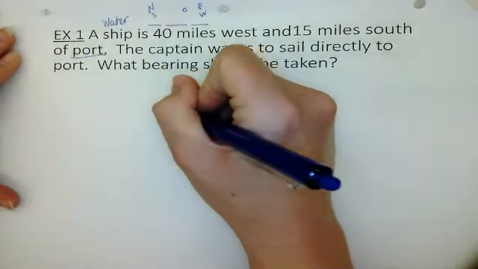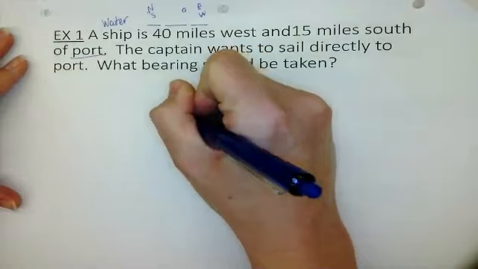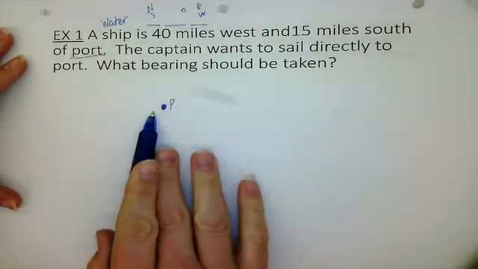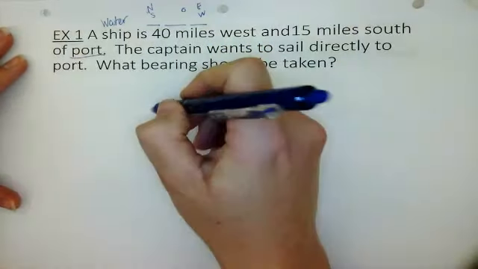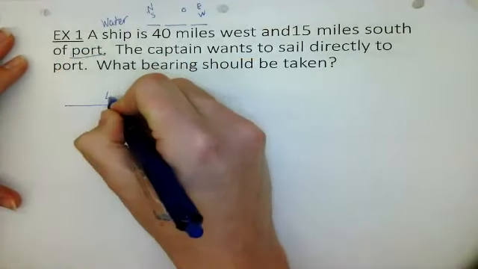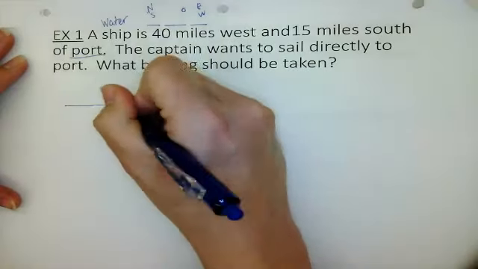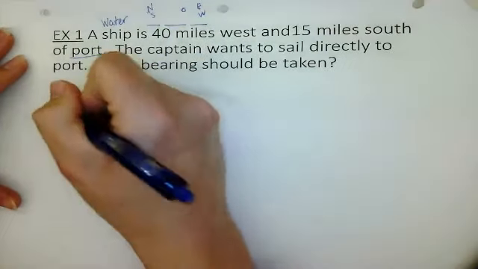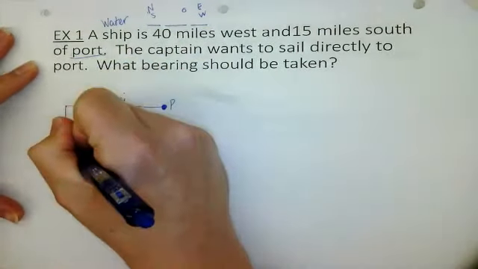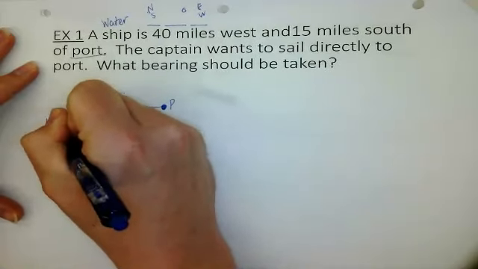A ship is 40 miles west and 15 miles south of port. So I'm going to make a port here. So this is P for port. And then a ship is 40 miles to the west, so directly west, 40 miles, and 15 miles south. I guess I should use MI for miles. 15 miles south. So we're going to pretend that this is the ship right here, 15 miles to the south.